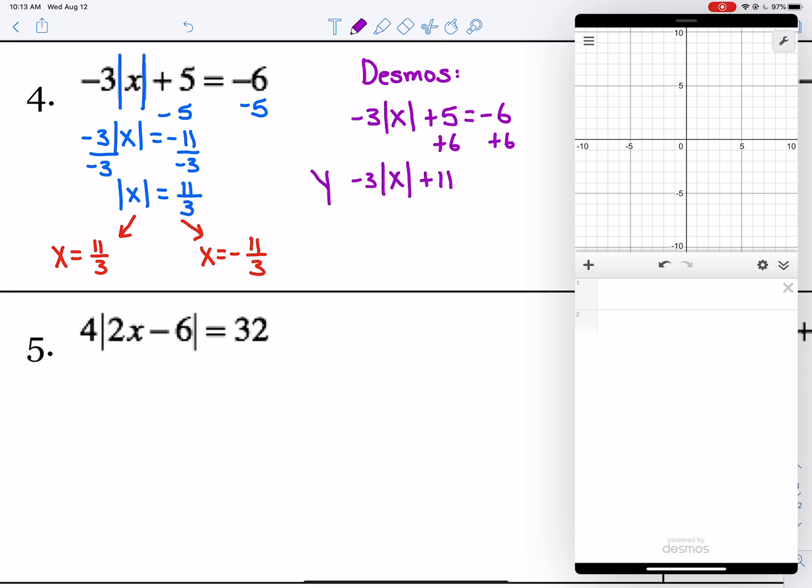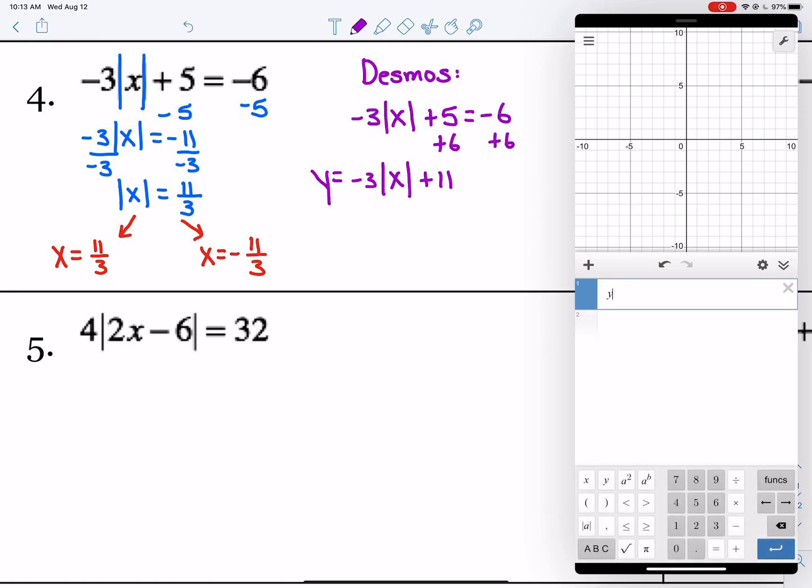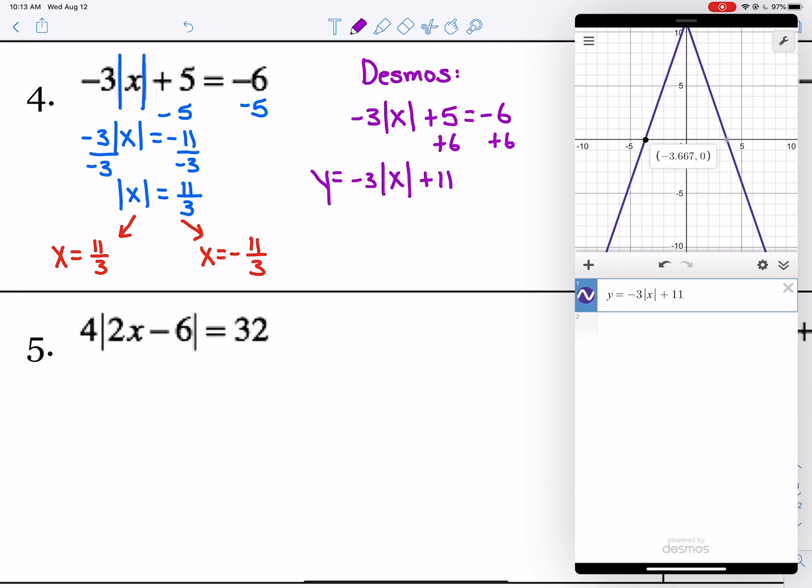And then we're just going to put y equals, so that way Desmos thinks it's a function, which is okay for us to help check our work. So we have y equals negative 3, then hit the absolute value button, put your x inside, and then move over so you're outside the absolute value to hit plus 11.